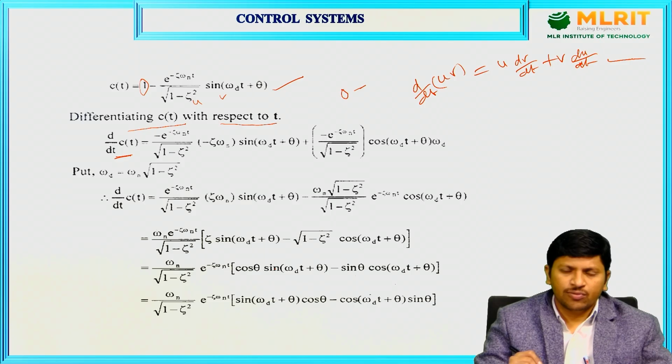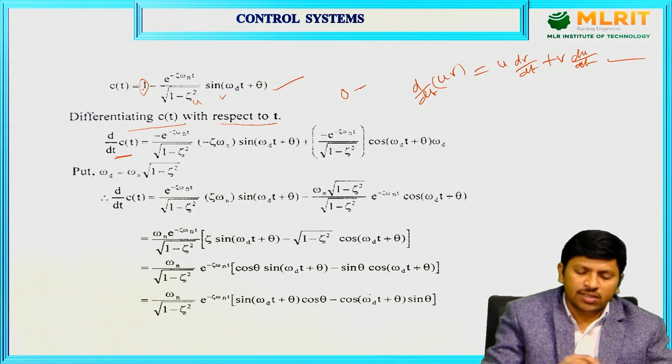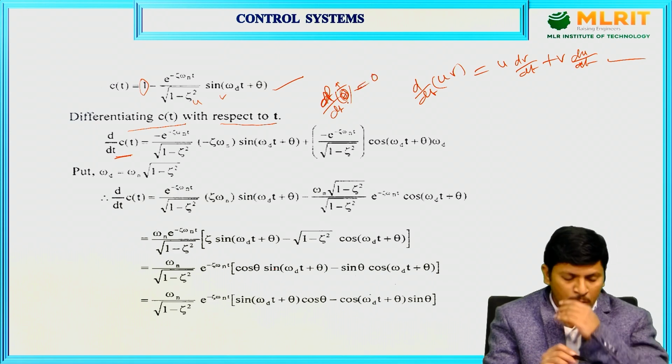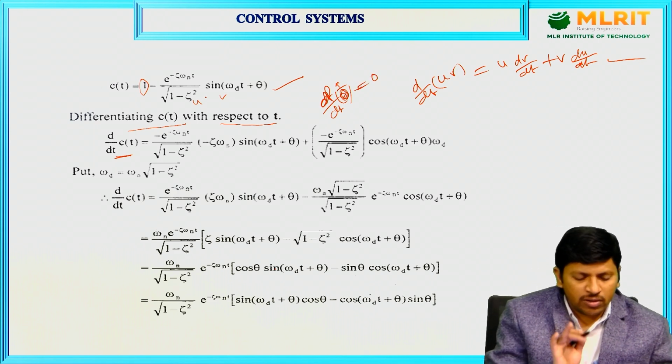By using this formula, the derivative of 1 is 0. So 0 minus something, so only these two terms are available.